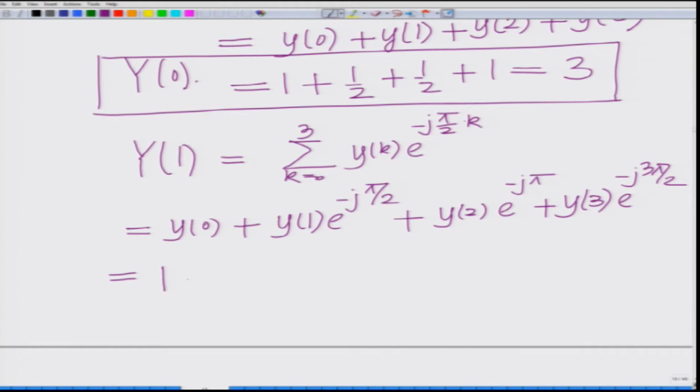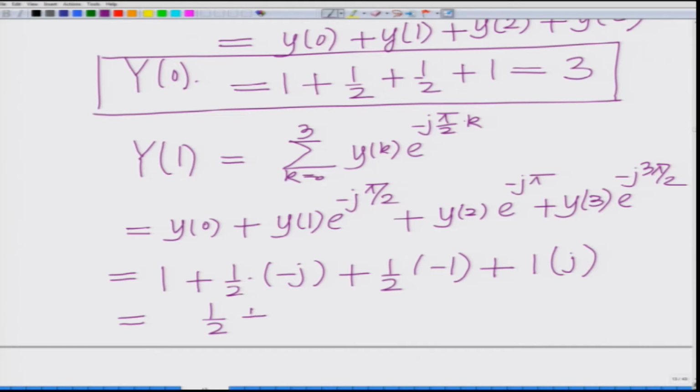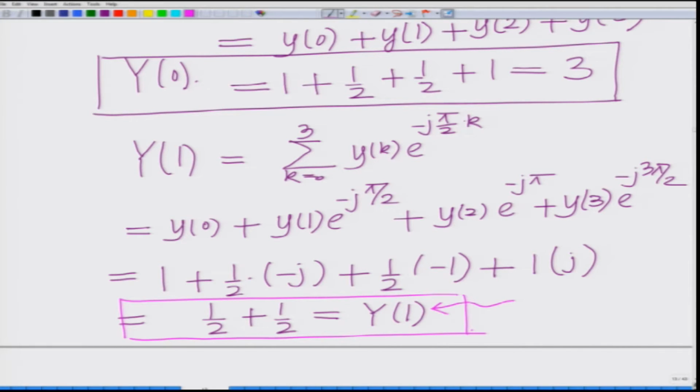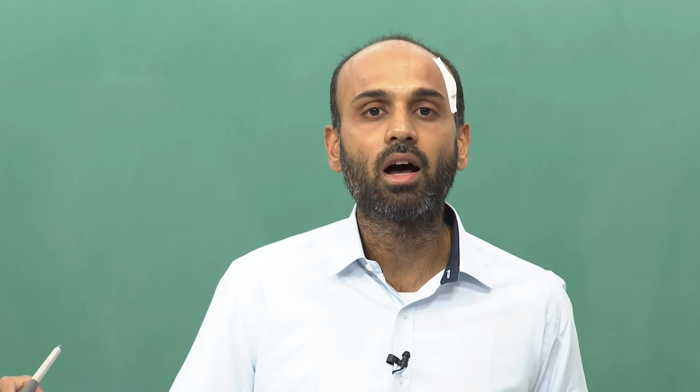This equals y0, that is 1, plus y1, half, into e to the power of minus j pi by 2, that is minus j, plus half into minus 1, plus y3, that is 1, into j, since e to the power of minus j 3 pi by 2 is j. So, this is half plus half j. Just to be clear, the output symbol received on subcarrier 1, capital Y1, is half plus half j.